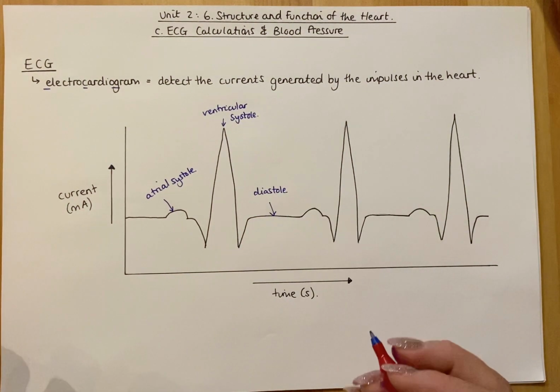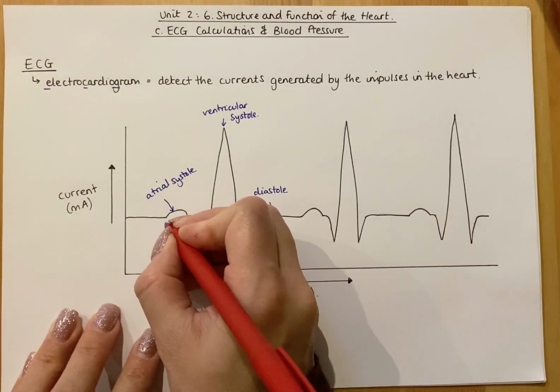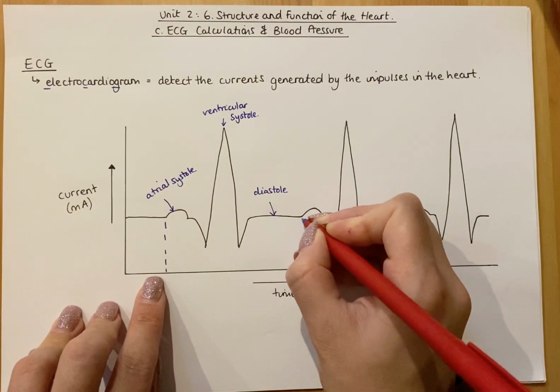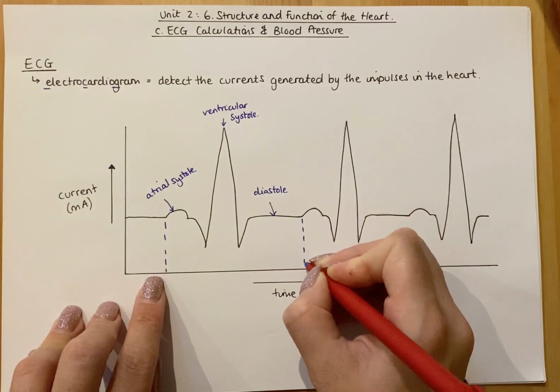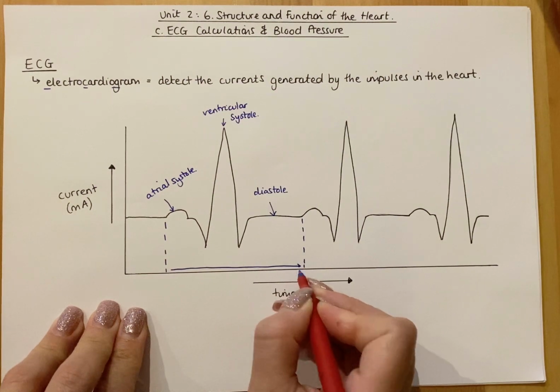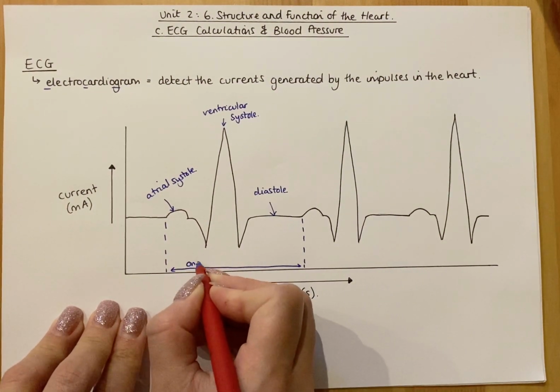So what you then want to look at is what a whole heartbeat is. Essentially it can be measured from the start of one to the start of the next. So that could be one whole beat.